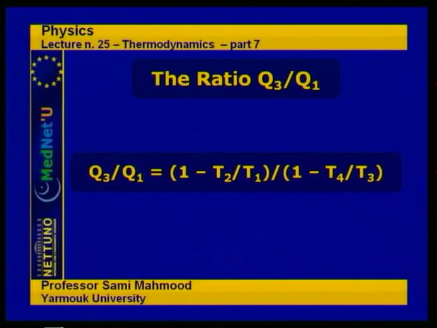Now, if we divide by Q1, everything can be solved, and we have an answer. Thus, dividing the equation all through by Q1, we will get the result. Q3 over Q1 is equal to 1 minus T2 over T1, all divided by 1 minus T4 over T3.